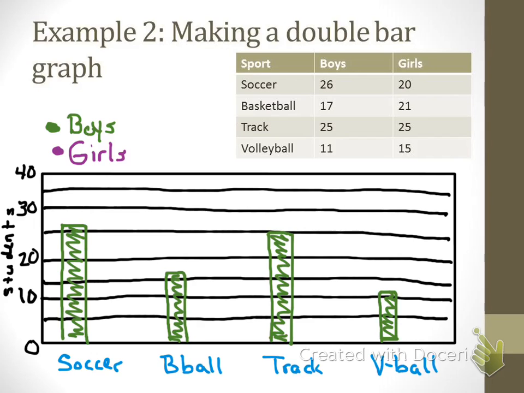Now let's go back and do the girls. How many girls played soccer? 20. With the double bar graph, with these subcategories, the bars need to be touching. Notice that my bars are touching each other, but there is space between each category. Make sure that you do that on your homework tonight.